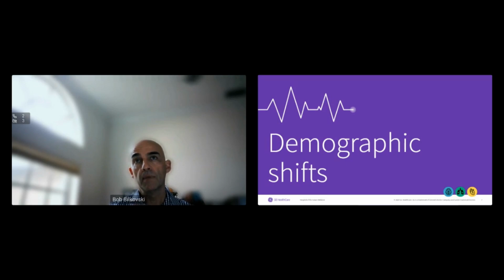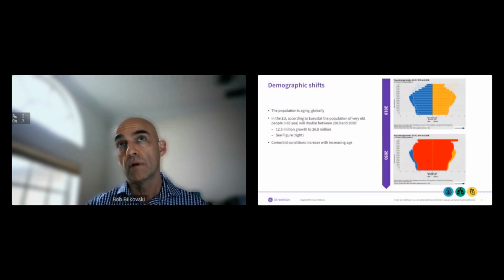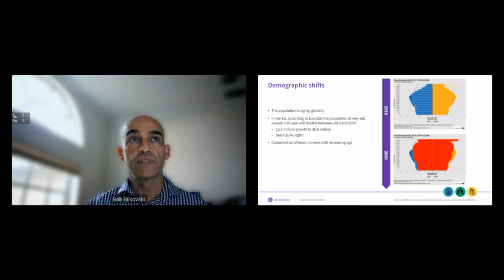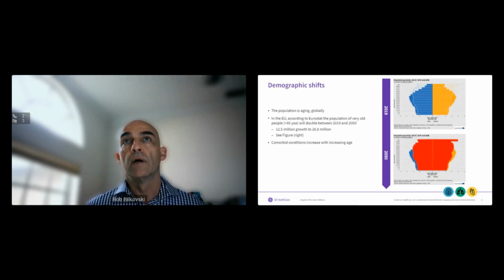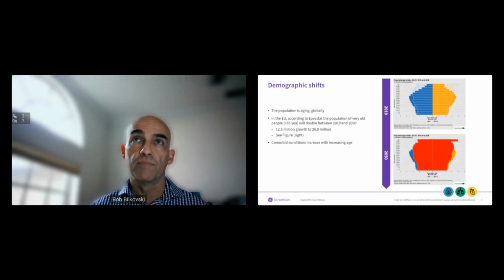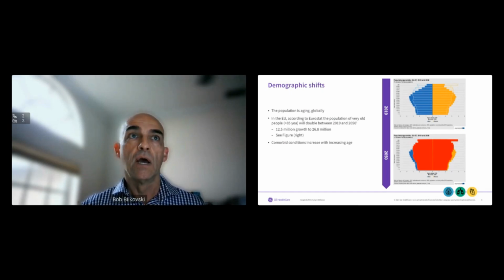So on that note, let me go into my component, focusing on the demographic shifts. The first element here is, for those that are not aware, the population pyramids, which is what you're seeing here. These are graphics that are coming from Eurostat. The overlay is quite striking. That is the red. That's showing that our population, and this is Europe, but it's representative of the United States as well, is aging.